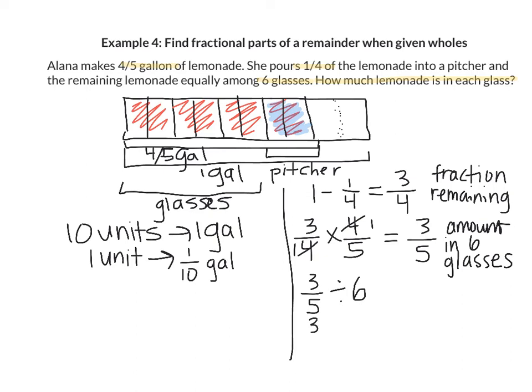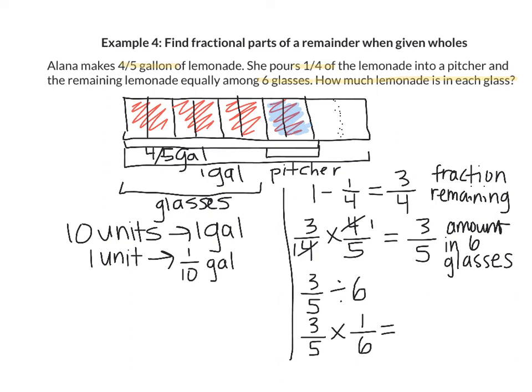And so we're going to take 3/5 and multiply that by 1/6, because 1/6 is the reciprocal of 6, and then we change our operation from division to multiplication.